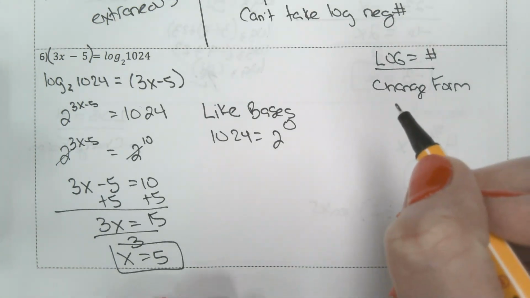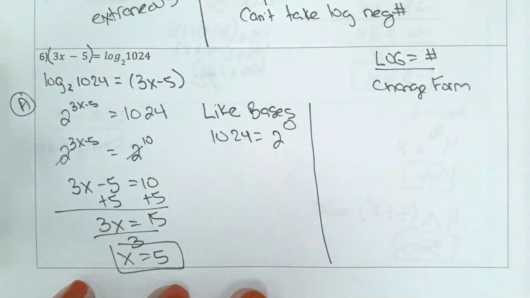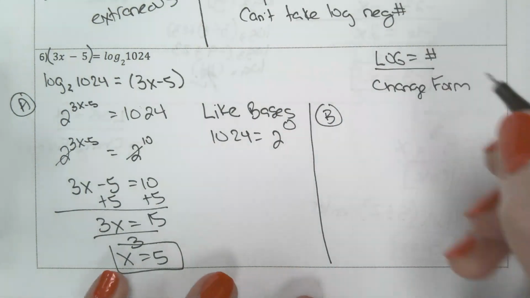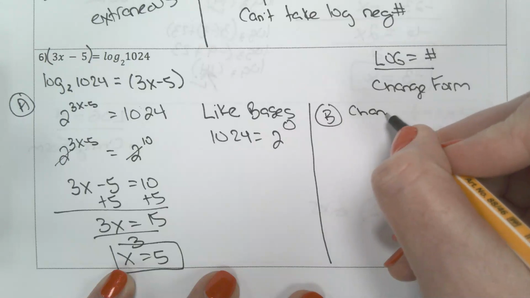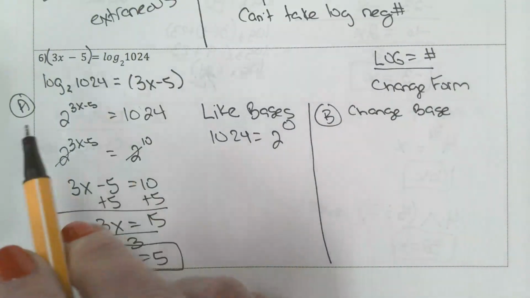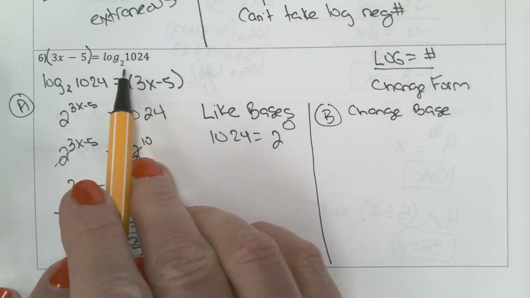All right, and technically you can do it another way. So this we're going to call option A. Option B, I showed you the change of base formula yesterday, but we haven't done much with it since then. All right, so on the right side, I have a 2 and a 1024.